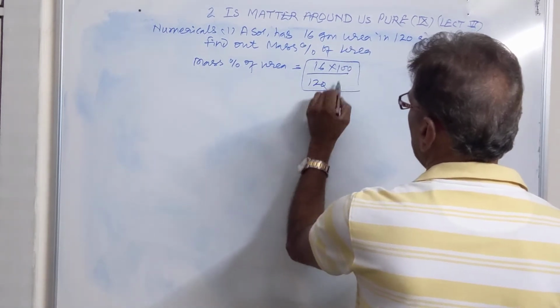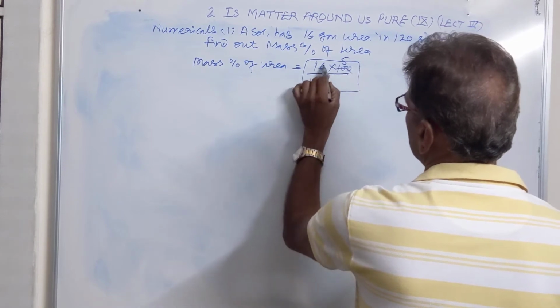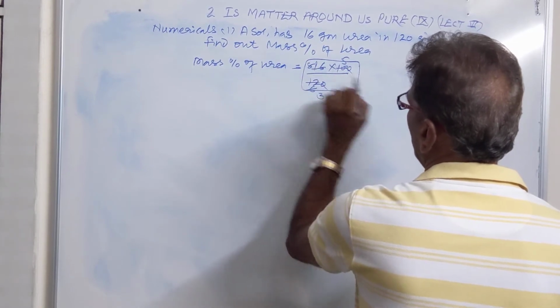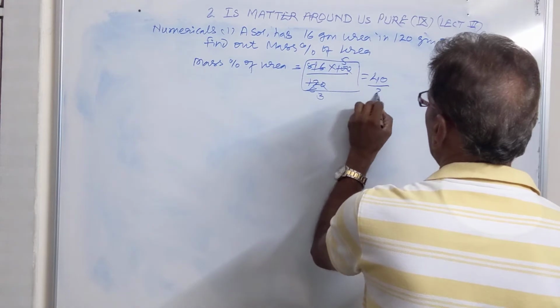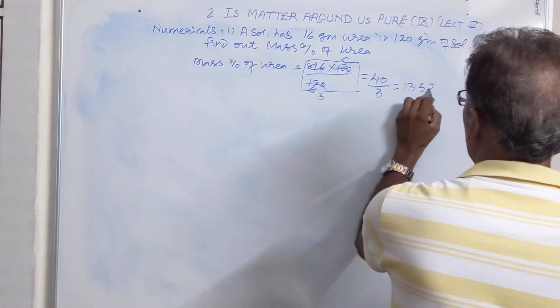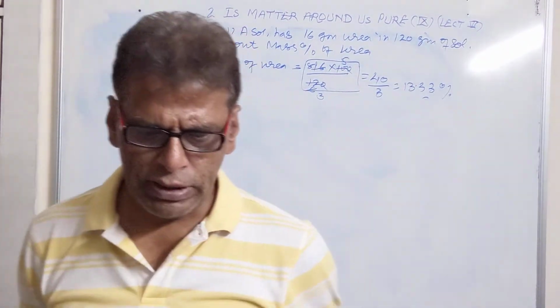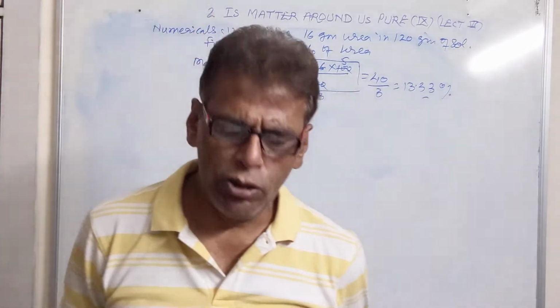This gives 40 upon 3, which is 13.33%. So this is how to calculate the mass percentage of the solute in the solution.